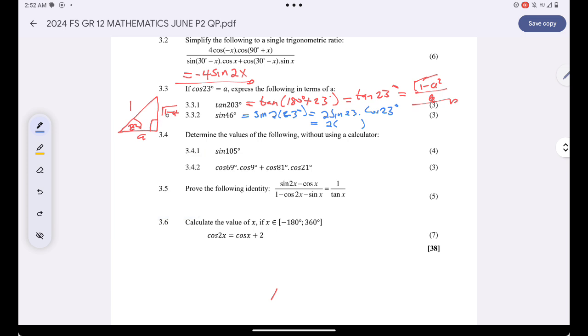Sine is always opposite over hypotenuse, root of 1 minus a squared, and then cos 23 is a, so this thing is the same as 2a root of 1 minus a squared. So sine 46 is equal to that guy. Tan 23 is equal to that guy.